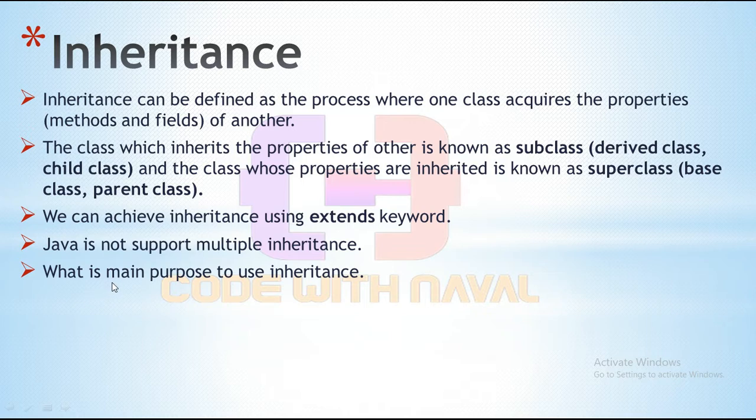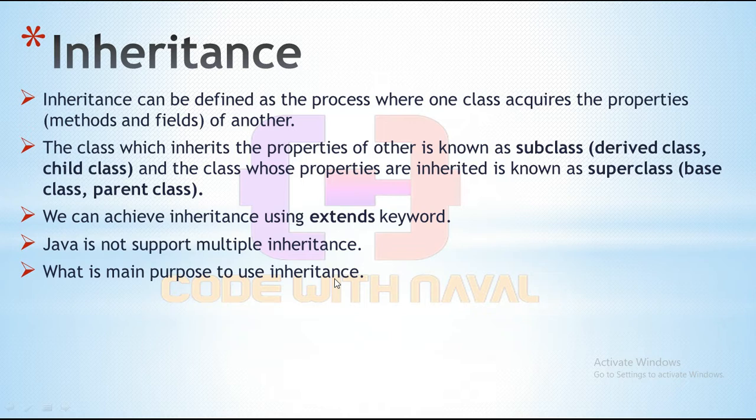Then what is the main purpose of using inheritance? As we know, we don't need to write the same code and the same functionality again and again. If our parent already has a bike, we can use their bike. We don't need to purchase our own bike. That means the parent class already has those functionality and methods, and we can use them in a child class.